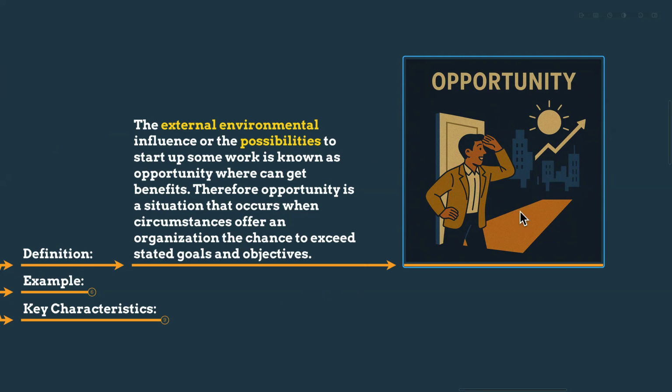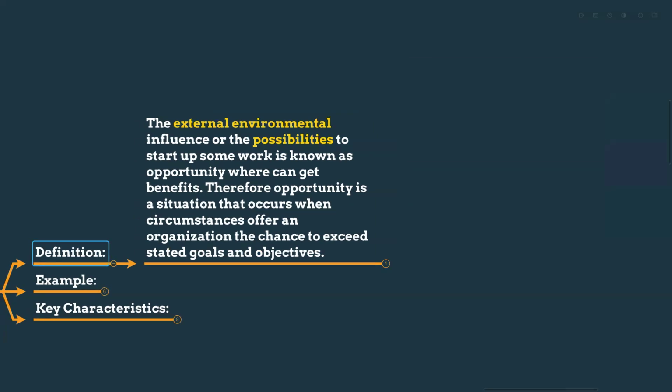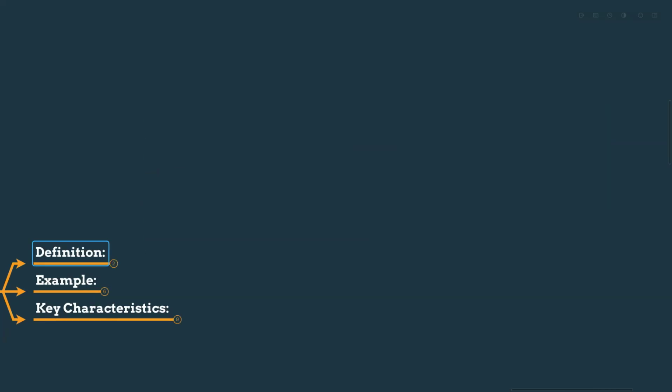So quickly he learned about laptop repairing and gained that skill, and now he earns rupees 80,000 monthly, much more than his original 40,000 goal. So this is an opportunity from the external environment, and there are some possibilities to start and do something.